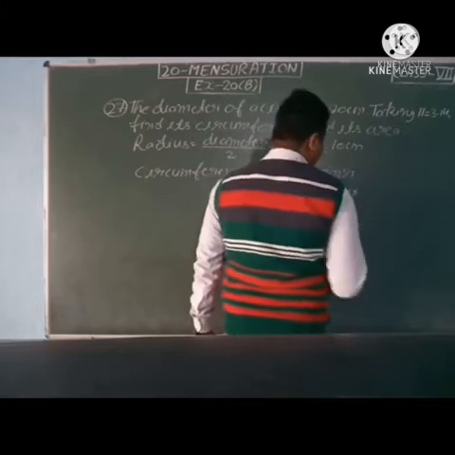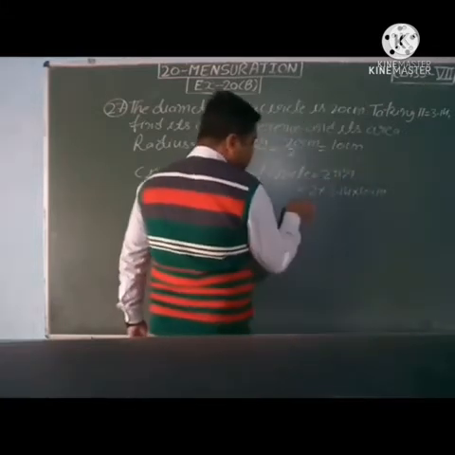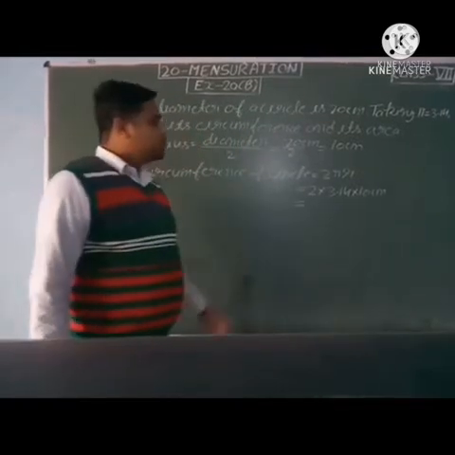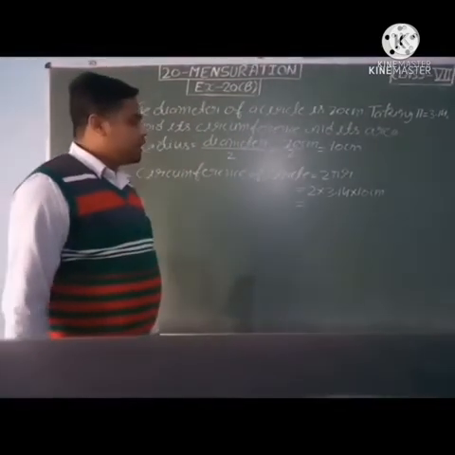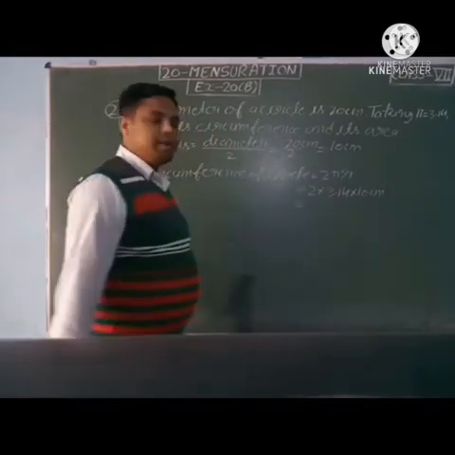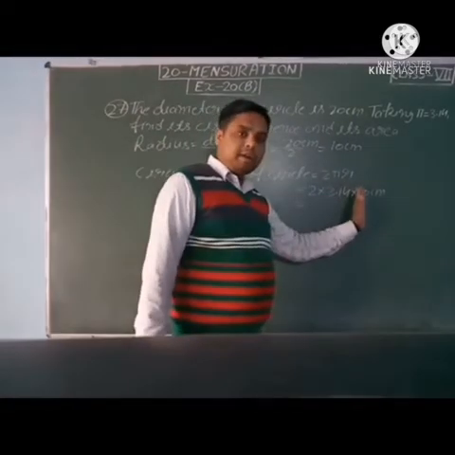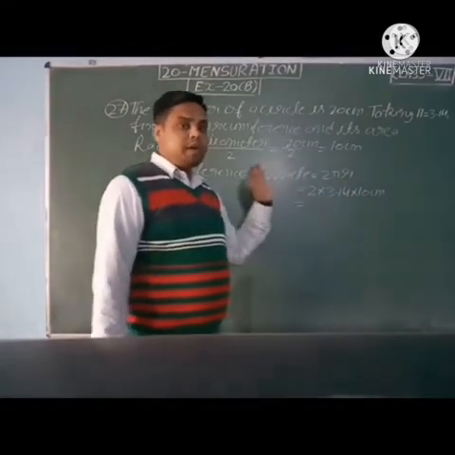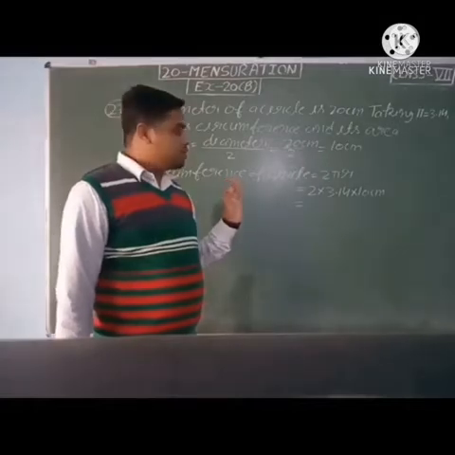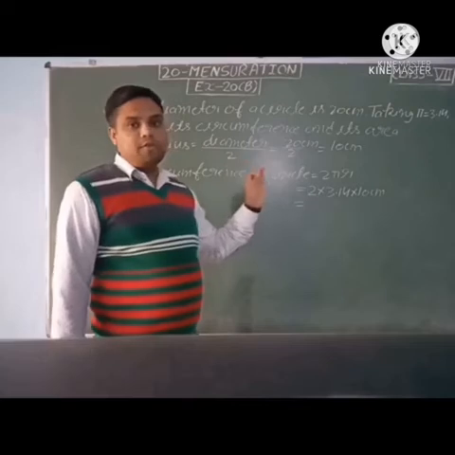3.14 multiply radius 10 centimeter. So students, we will do this multiply. So see what we will get. 2 multiply 3.14, we will get 6.28. 6.28 multiply 10. So as I told you, when we are doing multiply in decimal number by 10, 100 or 1000, decimal move to RHS.